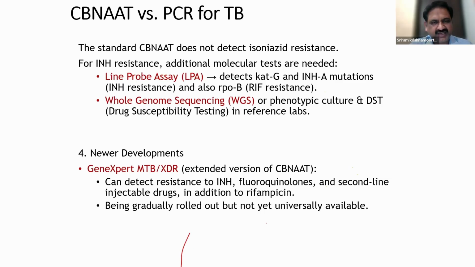So there is a test which can exclusively look for resistance to INH, which is a line probe assay. It's another test, or the whole genome sequencing, WGS, which we call. These are the two tests which can actually look specifically for sensitivity or resistance to INH, and specifically for sensitivity or resistance to rifampicin: the line probe assay, LPA, and this whole genome sequencing.